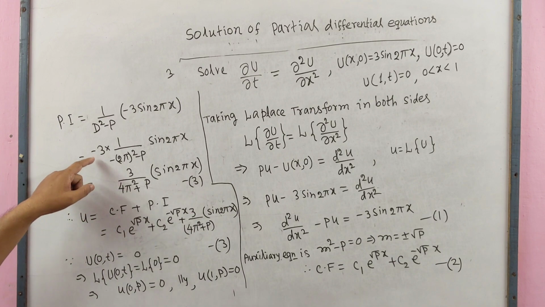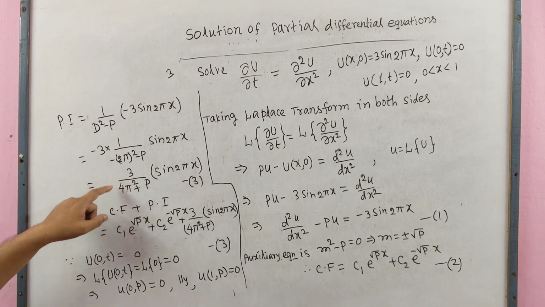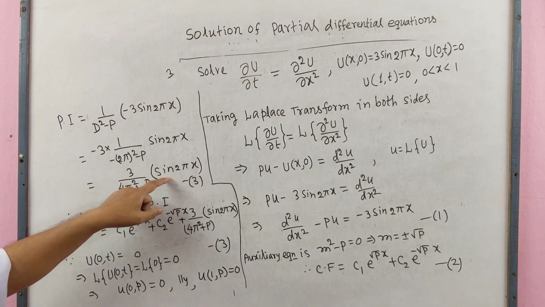We get −3 / −(4π² + p), that is 3/(4π² + p) sin 2πx.